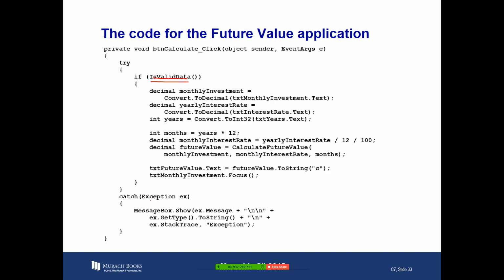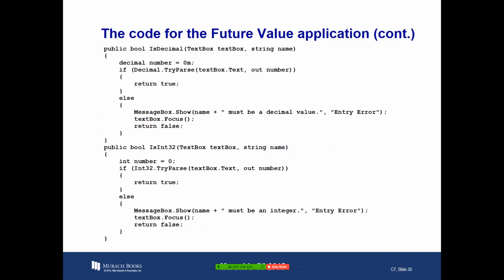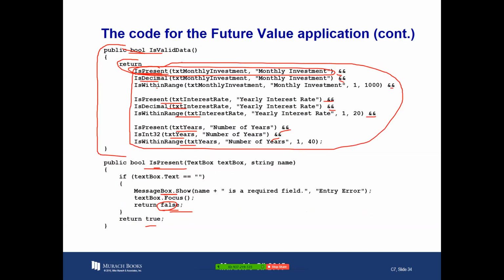And this catches the exception, an unknown error has occurred. However, as we just discussed, it's still possible to have this code, and this code is not going to detect an overflow error.